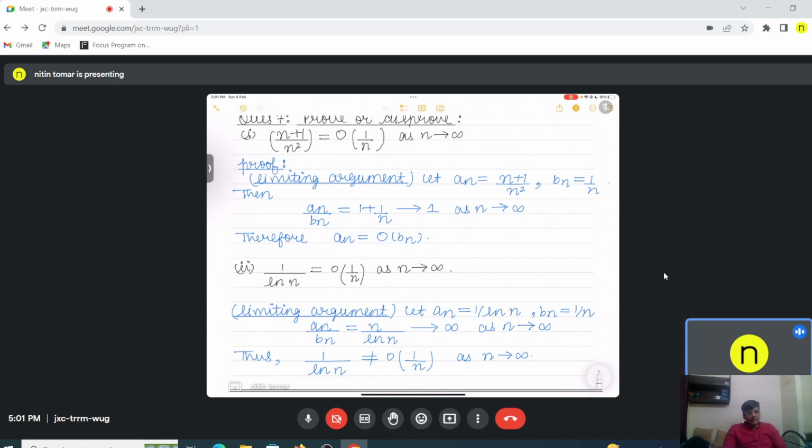Please revise them thoroughly. To prove or disprove these types of questions, you can use the definition or the limiting argument, either of them. You may feel comfortable using the limiting argument, but you should not forget that you should also know checking via the definition. Okay, so with this I finish.